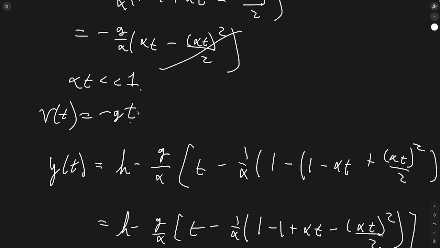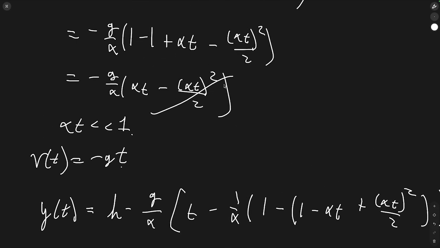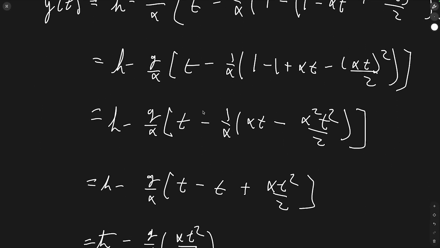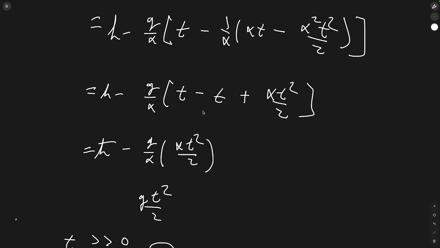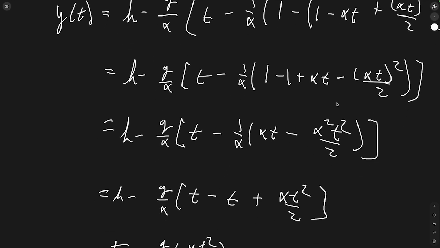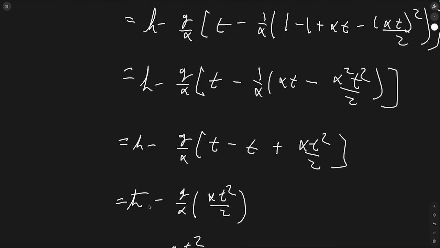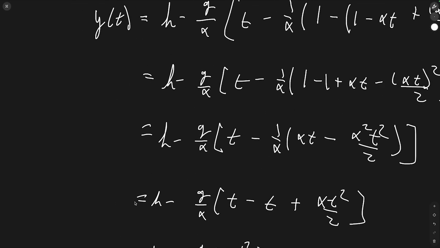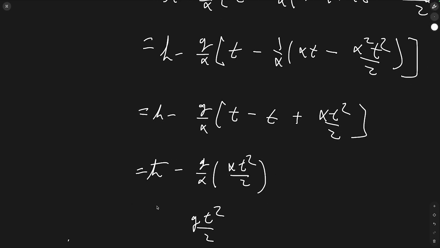And then suppose we got rid of the alpha t squared term in the next v, or even in this position. If we got rid of the alpha t squared, what would happen? We'd have t minus t is 0. We'd have h minus 0. And then you'd have that the position is h for a really small time.